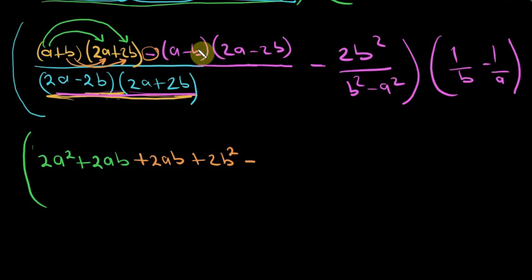So minus this bracket multiplied by those. Let's work it out. So that will be a multiplied by 2a and a multiplied by minus 2b. A multiplied by 2a will be 2a squared. A multiplied by minus 2b will be minus 2ab.